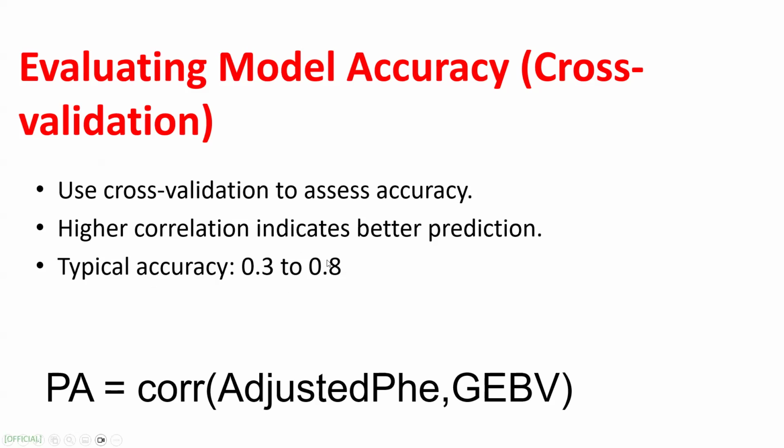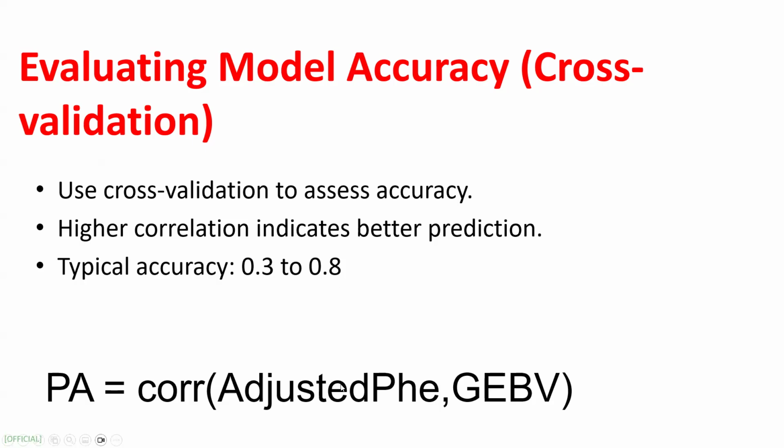You should be able to predict it. Even yield, you should be able to predict 30%. And for traits that are highly heritable, you could have even 80, 85% accuracy.